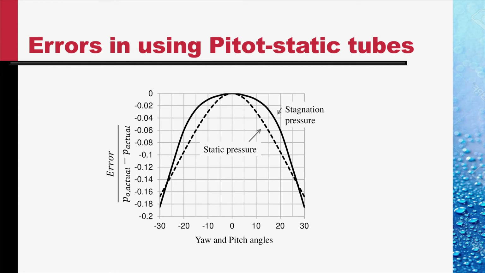It should be noticed that the static pressure is a little more sensitive, but even for an angle up to plus minus 10 degrees, the stagnation pressure deviates from the true pressure difference by no more than 1%, and the static pressure difference varies by no more than 3%. That is quite small for many applications.